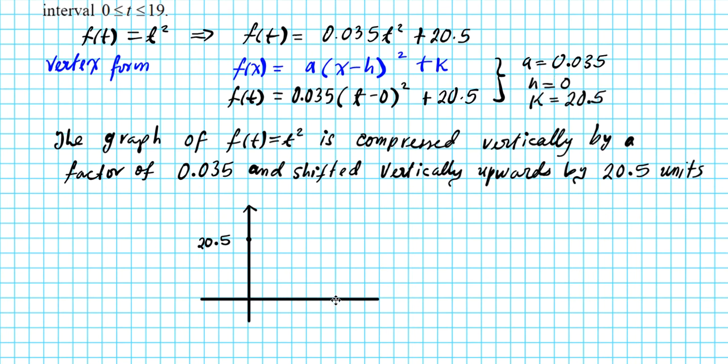Okay, so from 0 to, let's say this is 19 somewhere here, you're going to have half of a parabola, because we know that parabolas are symmetric about their vertex. So the y-axis is basically the same thing as the axis of symmetry.